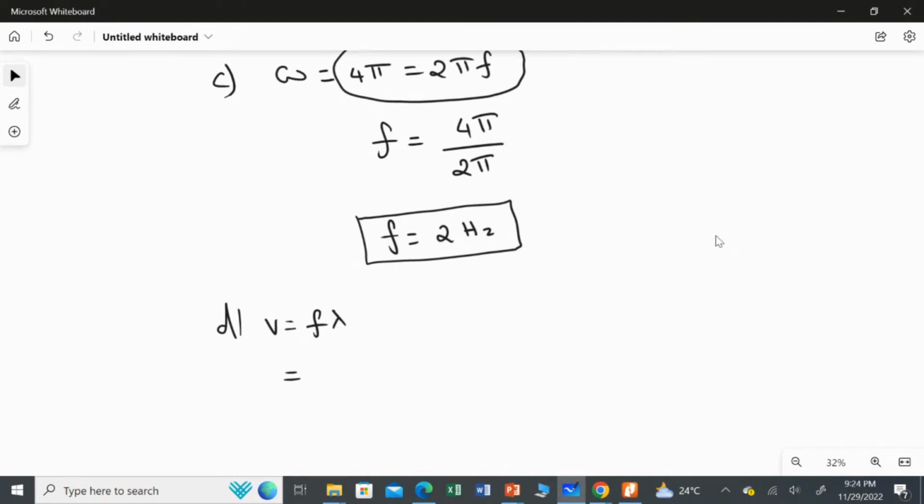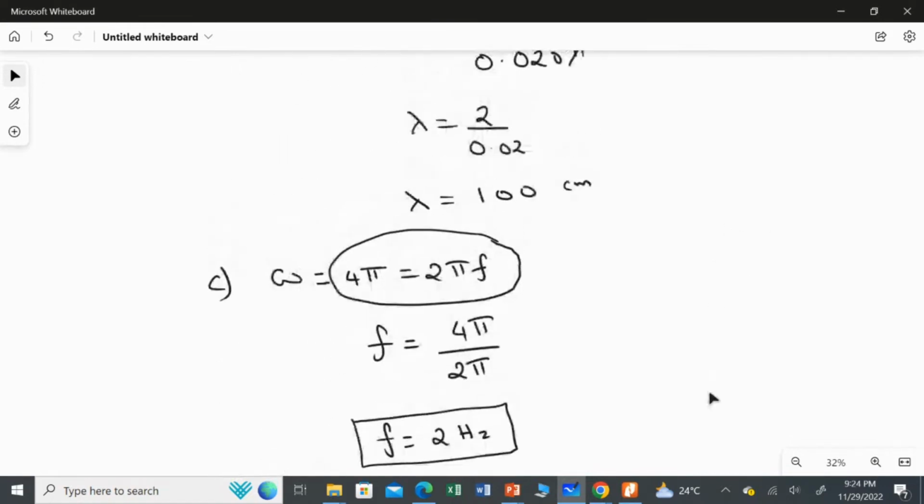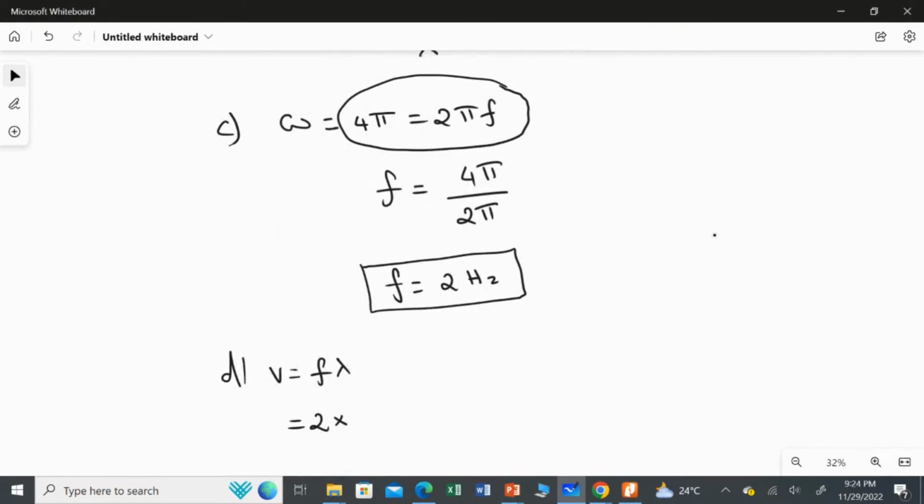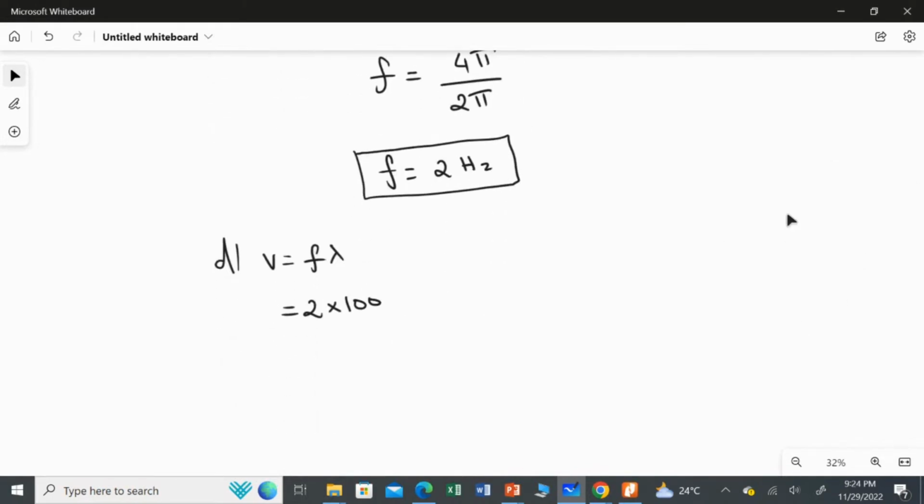The frequency is 2 and the wavelength lambda is 100, right? So the answer is 200 centimeters per second, because everything is in centimeters. So we have to give the answer in centimeters per second.